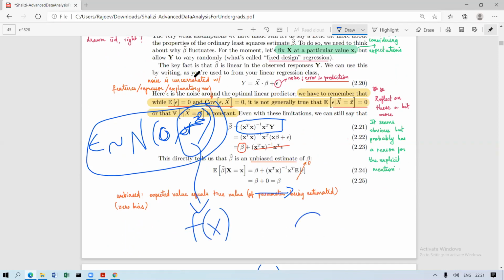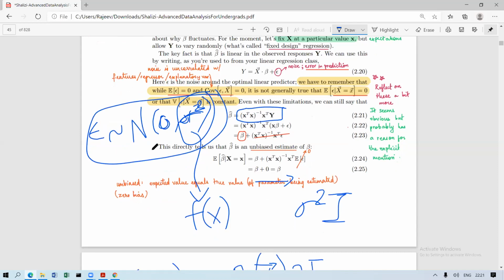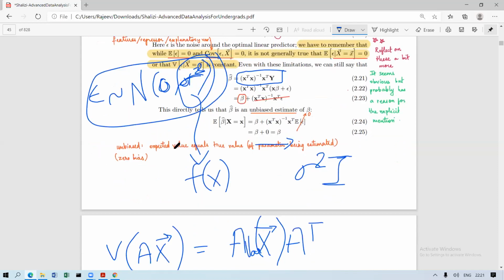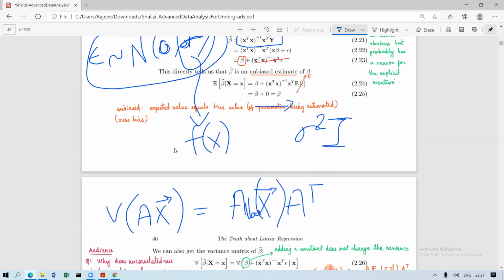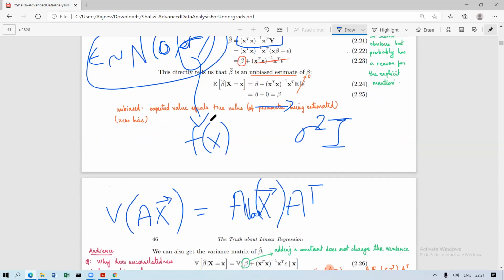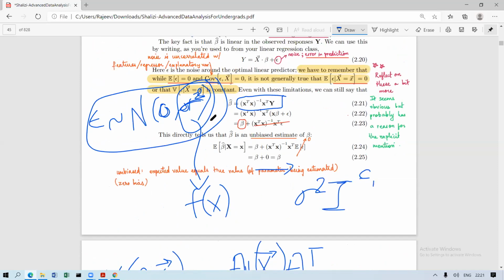But if it's independent and we assume it to be sigma square I, remember that epsilon is also multivariate. It's a vector basically. So epsilon i is uncorrelated with epsilon j, and all of them share the same variance of sigma square.